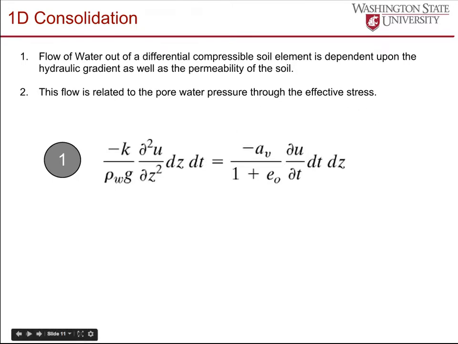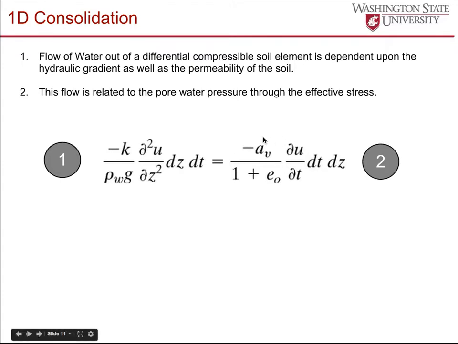So that's 1, the flow of water outside of that cell. Now, we're going to relate this to our second part here. This second part is the flow of the pore water pressure through effective stress. So pore water pressure is directly related to effective stress, and it's based on this equation. This AV, again, if you look at the consolidation graph, as we add more stress, you're going to get this constant over a certain range.